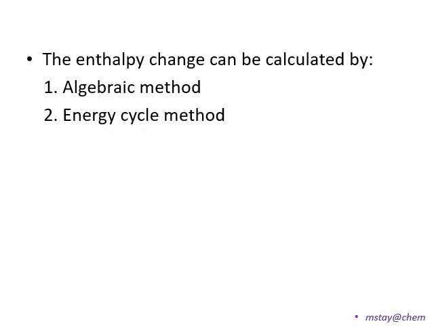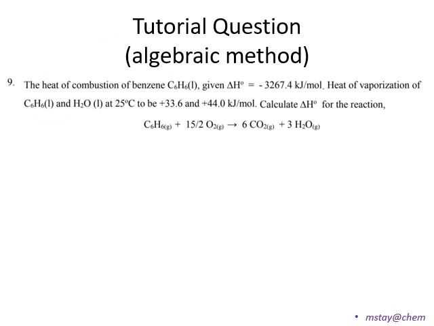When we apply Hess's law to calculate the enthalpy change, there are two methods. One is the algebraic method, and the other is known as the energy cycle method. Let's check the first method, the algebraic method. The heat of combustion for benzene given is negative 3267.4 kilojoules per mole, and we have the heat of vaporization for benzene and water, which is positive 33.6 kilojoules and 44 kilojoules per mole.